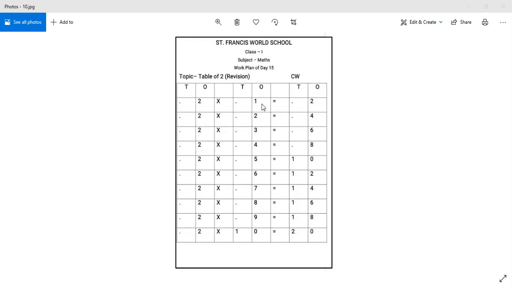Then ones, then equal to. Over here we read our table like this: 2 ones are 2. Okay, 2 twos are 4. 2 threes are 6. 2 fours are 8. 2 fives are 10.